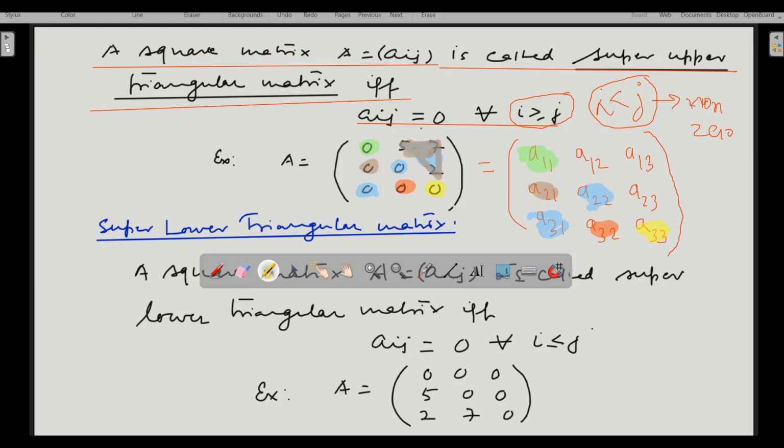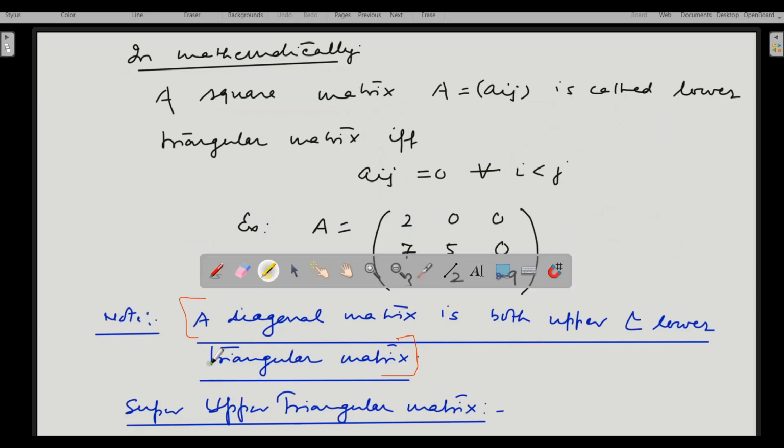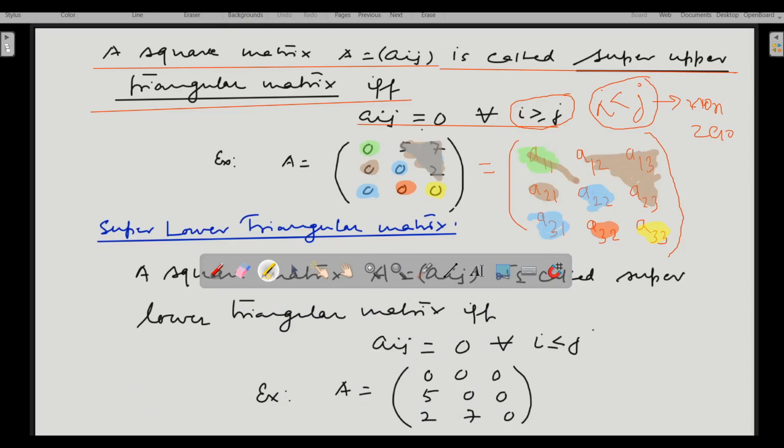Similar to an upper triangular matrix, a triangle of numbers is being formed, but the difference between super upper triangular and upper triangular matrix is that in a super upper triangular matrix, diagonal elements are also 0. In an upper triangular matrix diagonal elements are non-zero, but in a super upper triangular matrix diagonal elements are also 0. So this is the difference.